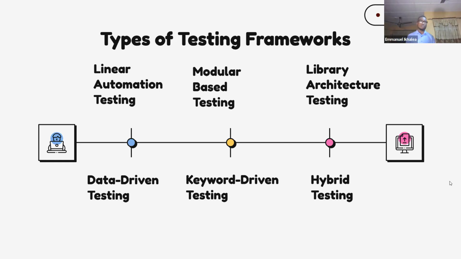An advantage of this framework is tests can be executed with multiple data sets. You save more time because you run more tests, and multiple scenarios can also be tested quickly in this framework. Experienced testers are needed to set up this framework, so that can be said to be a disadvantage of using this framework.